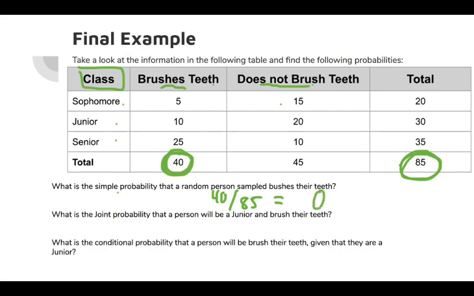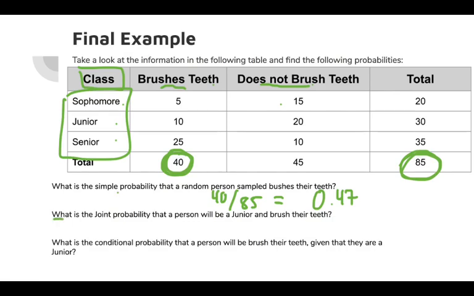So that would be a probability of 0.47, okay? If this data was correct, if you randomly selected a person, you would have a 47% chance of choosing someone who is brushing their teeth. And again, this is regardless of what class they're in, right? This is just the simple probability that a random person is brushing their teeth or not, okay?